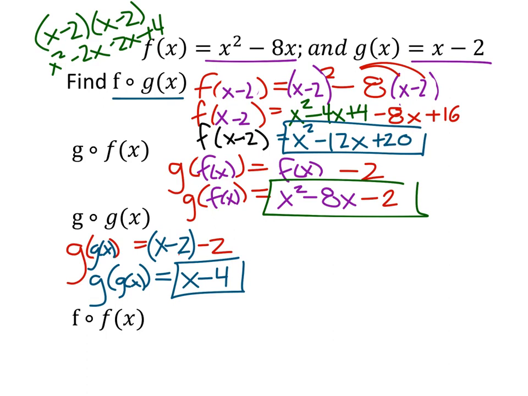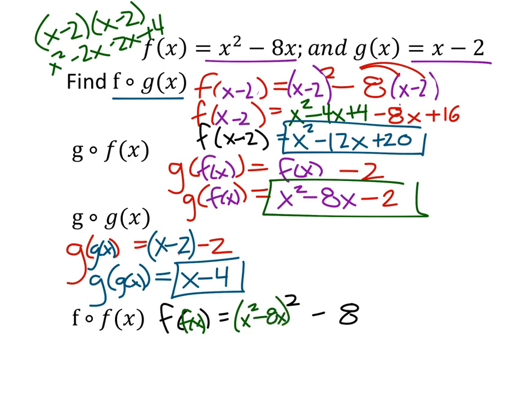All right, what about f of f of x? Well, let's look at what f of x actually is. That's x squared minus 8x. But we want f of x in that x spot, and f of x is x squared minus 8x.